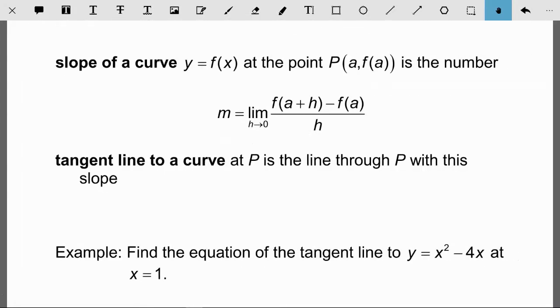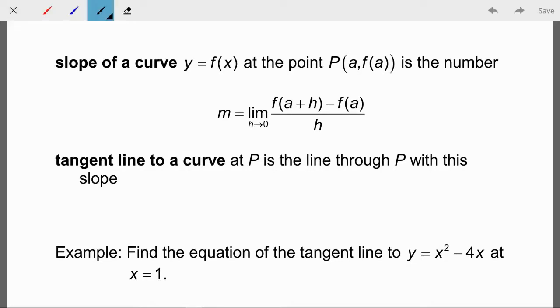Okay, so when we want to find the slope of the curve, when I say the slope of a curve, that's talking about the instantaneous rate of change. That's talking about the tangent slope. Those are all interchangeable. It's also the derivative at that point.